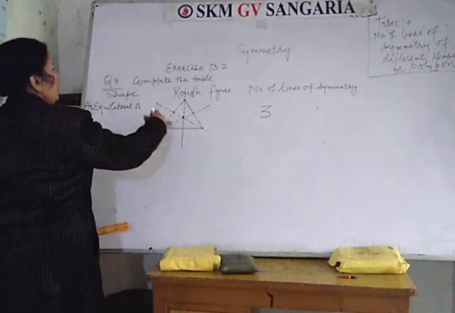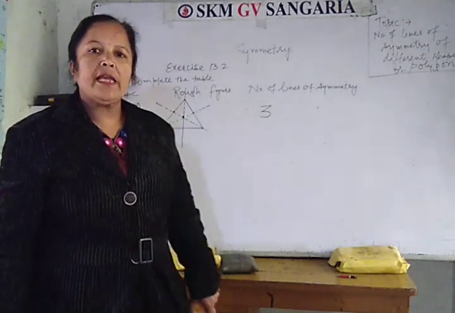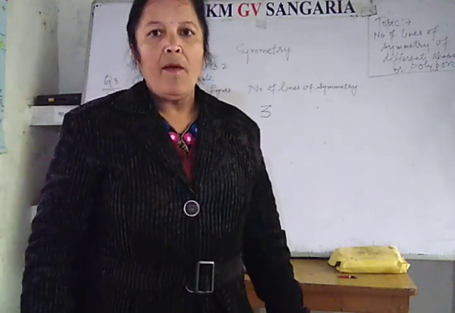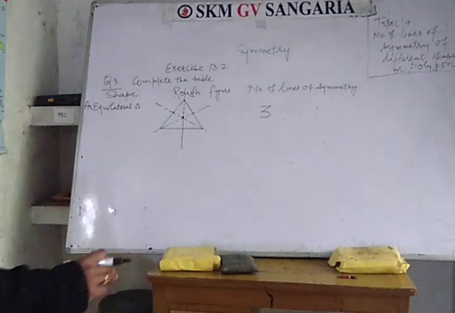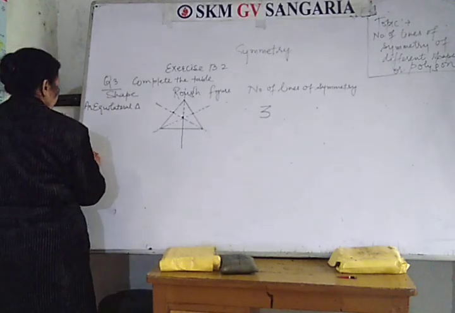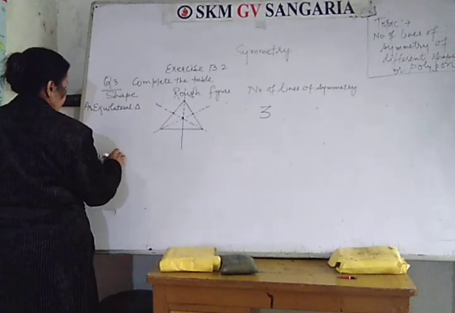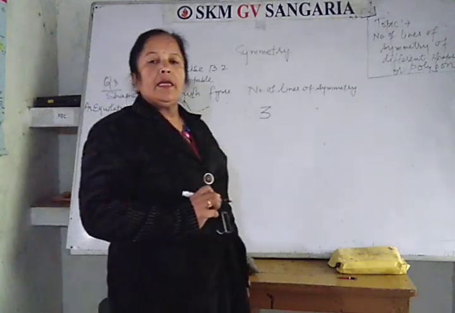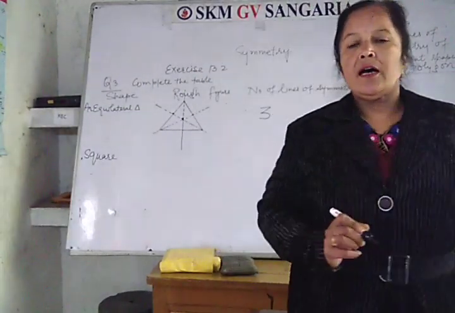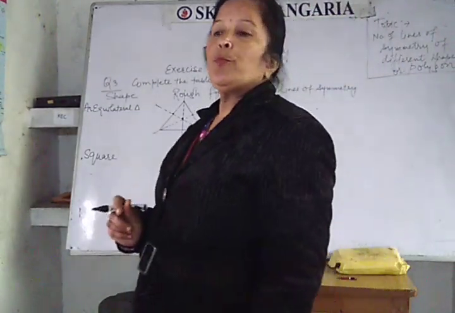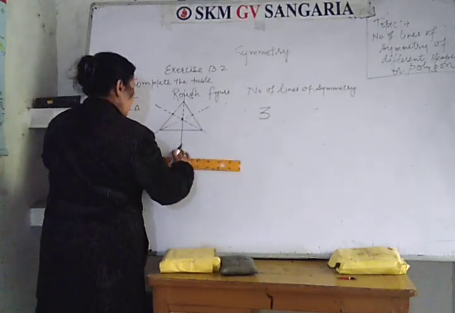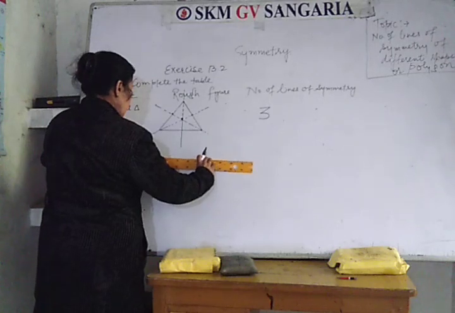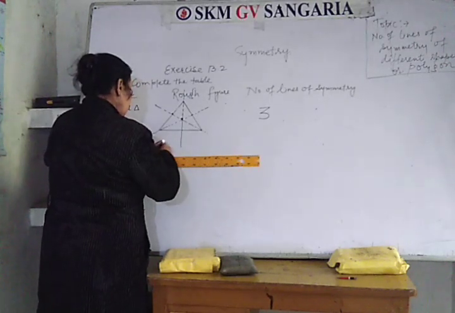Students, for drawing these figures you will use scale and pencil. Okay. And second figure, it is square. And square, you know, is a closed polygon with 4 equal sides.